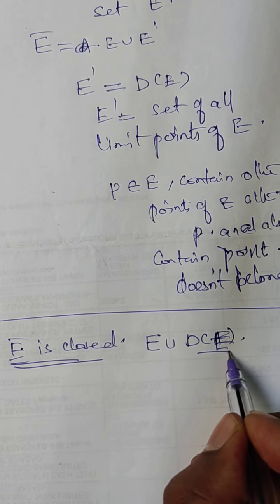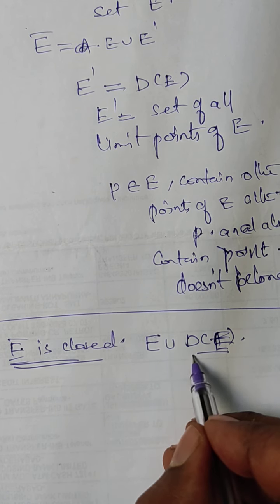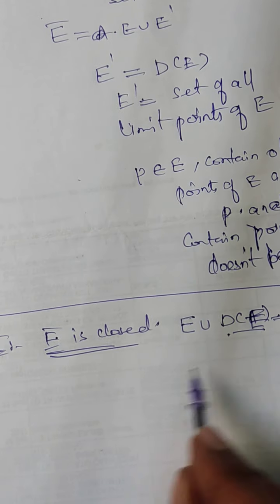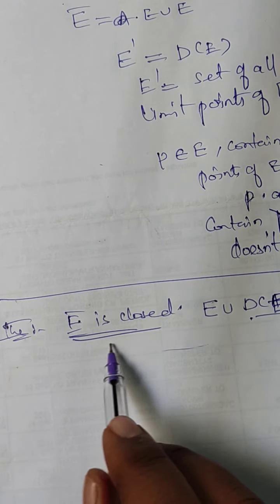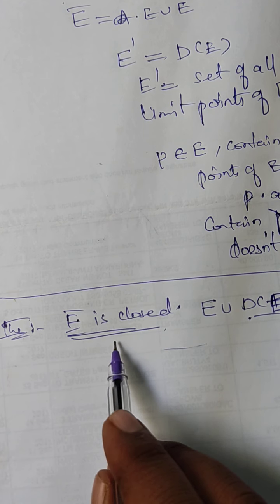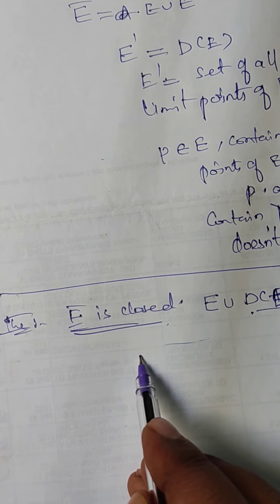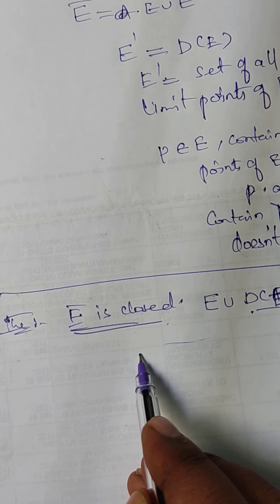Since we know that if a set contains its limit points, it is closed, we just have to explain the concept of limit point. That's it.